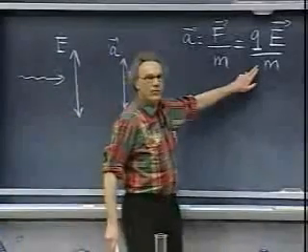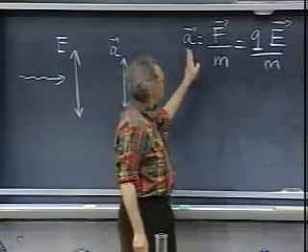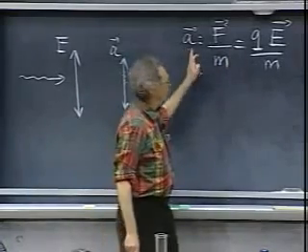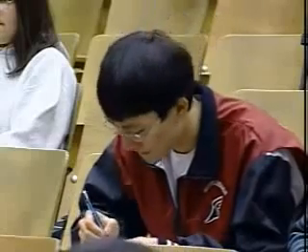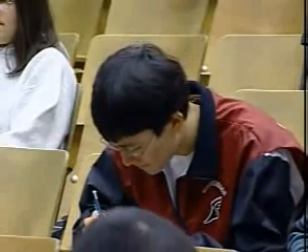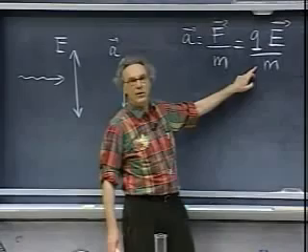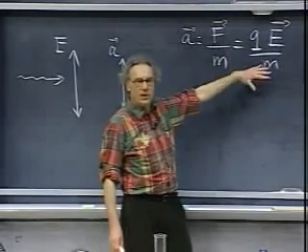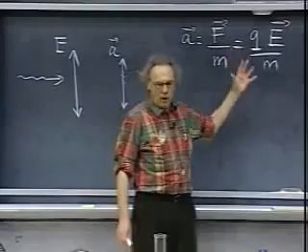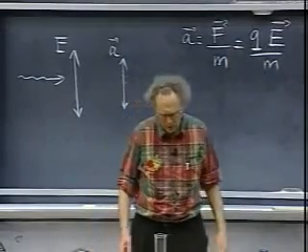This is the acceleration they will experience. Notice that the electrons will experience a way higher acceleration than the protons, because the protons have a mass which is more than 1,800 times larger than the electrons. So whatever follows, it's really the electrons that do the job and not the protons.